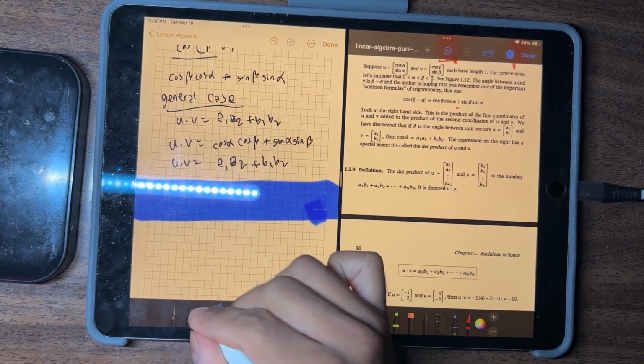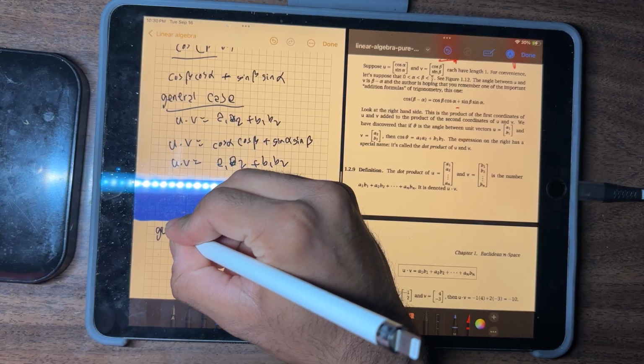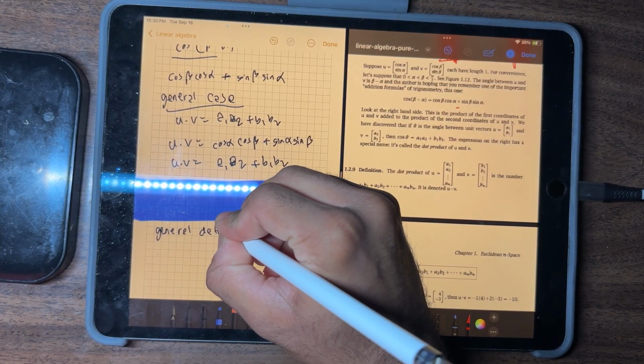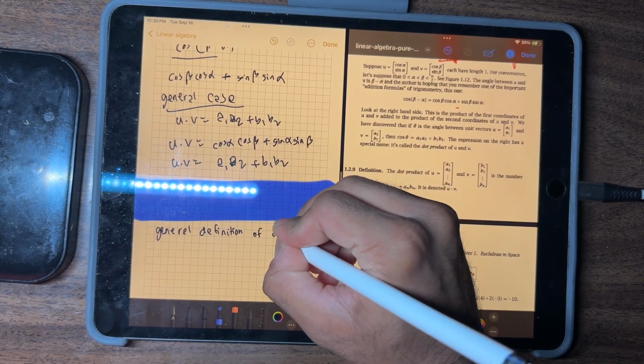Okay, so the general definition of dot product is what?